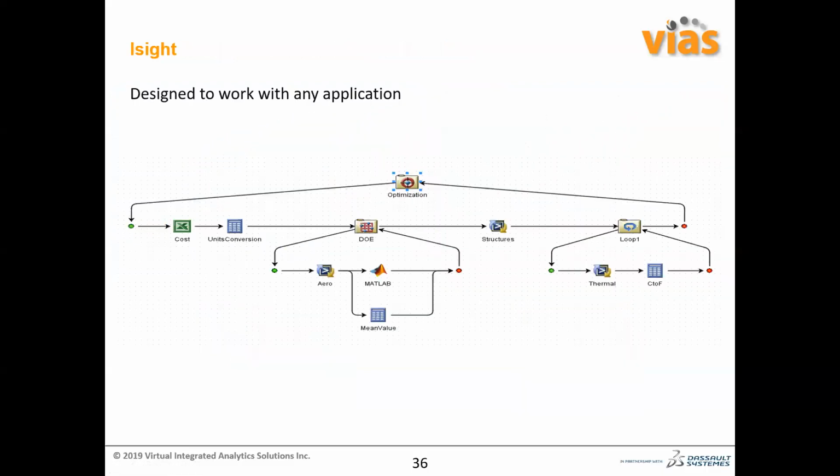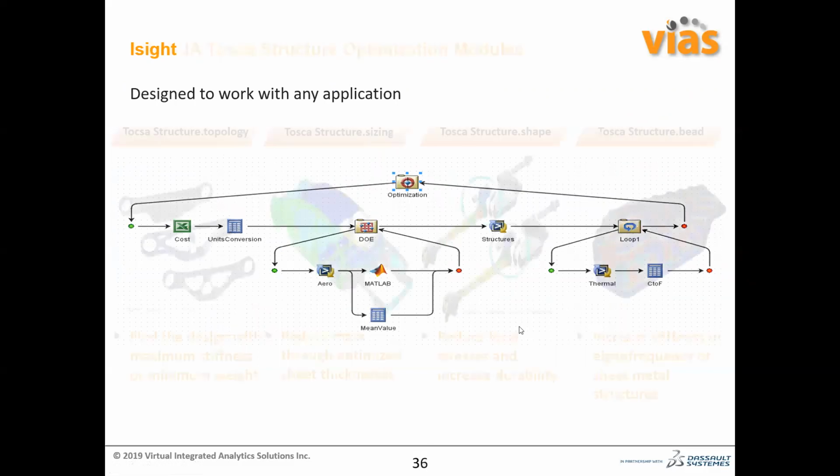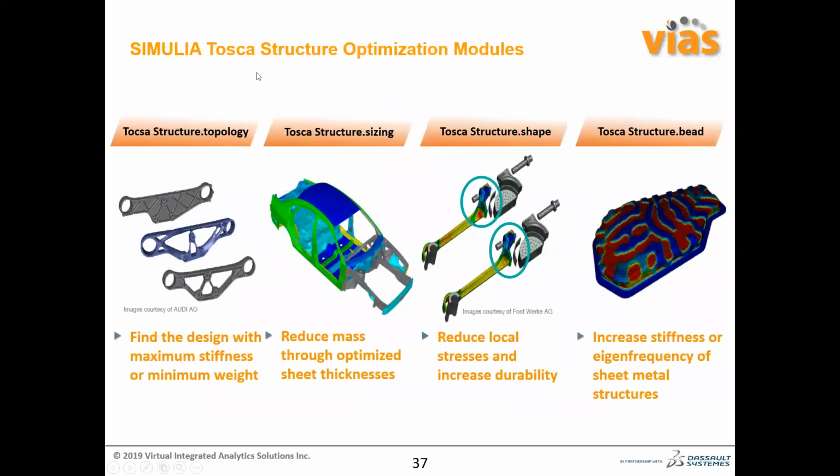And iSight is basically, as I told you, a complex workflow you can develop from a certain department. You can combine all these components together in the iSight workflow so that you can have a whole automation process. And Simulia Tosca structure optimization basically has four different optimization strategies. One is topology optimization.